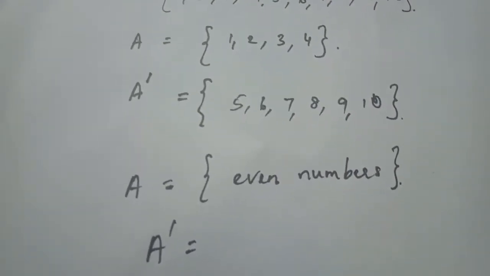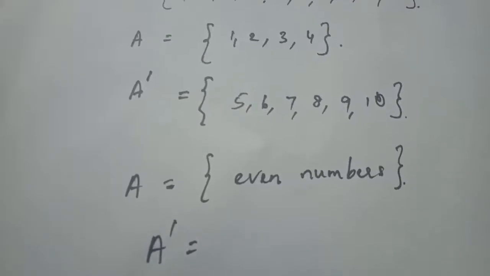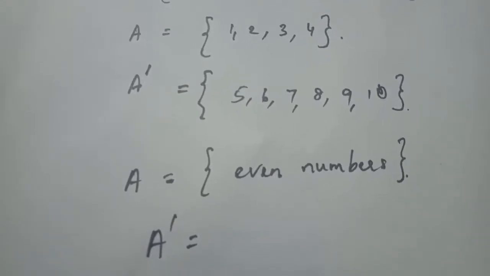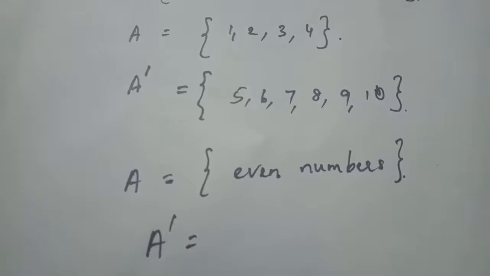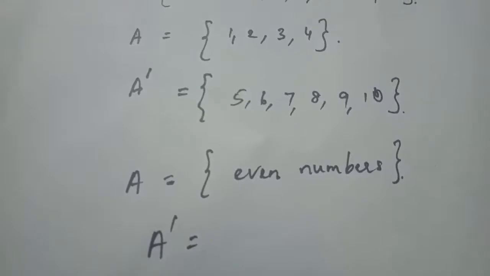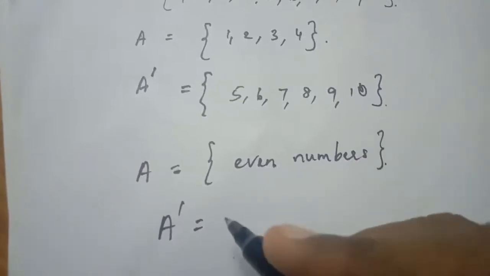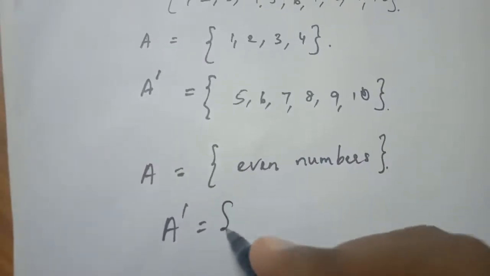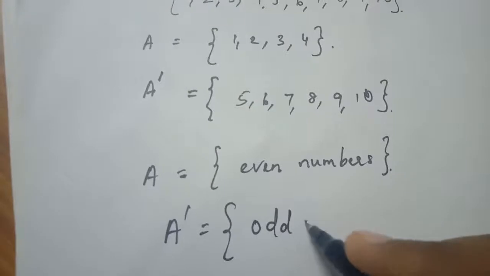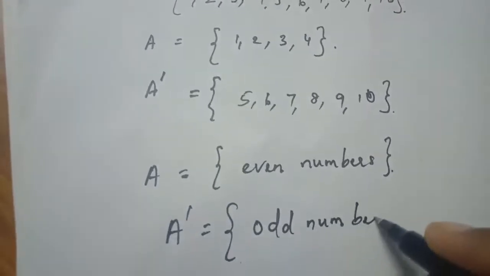You have to take the natural numbers which are not even, because we are taking universal set and then not elements of A. So we don't consider even numbers. So in natural numbers, if you don't consider even numbers, then we will get odd numbers. So A complement will be odd numbers.